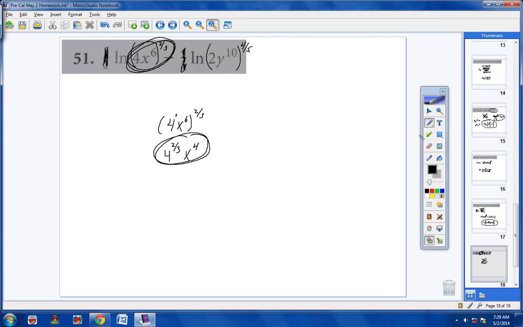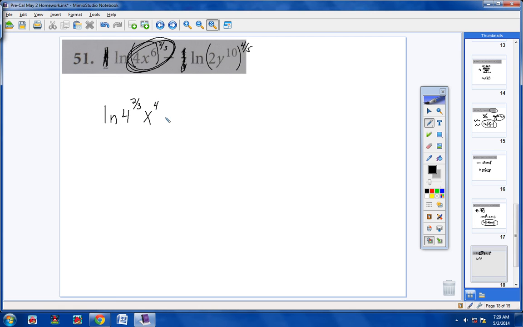I'm going to go ahead and erase that like I said I was going to, and now I'm going to write the natural log of 4 to the 2/3 power x to the 4th power.